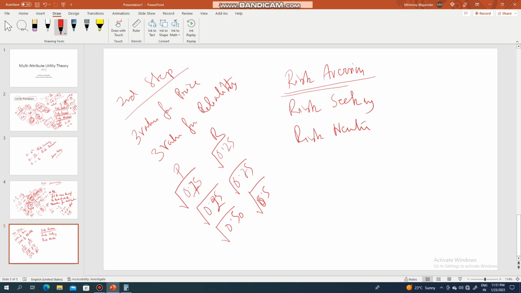This is a very interesting thing. Without square root, if I add all these three values, it comes as 1.5. Here also it is coming as 1.5.